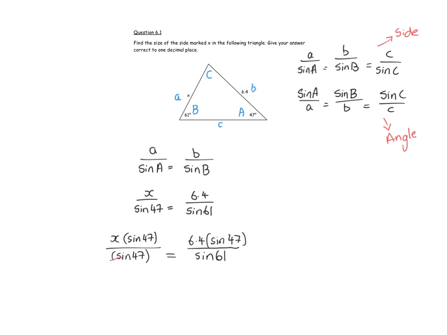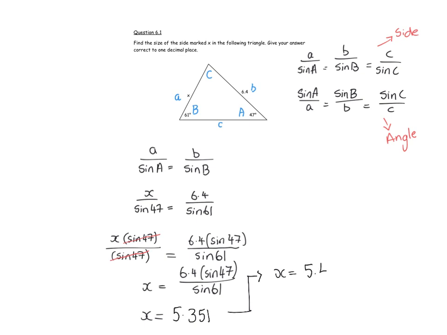What we get here is the sine of 47 over the sine of 47, which will just equal 1. So it'll become X is equal to 6.4 sine of 47 over the sine of 61. And when you type that into your calculator, you're going to get that X is equal to 5.351. It wants it correct to one decimal place, so we get that X is equal to 5.4.